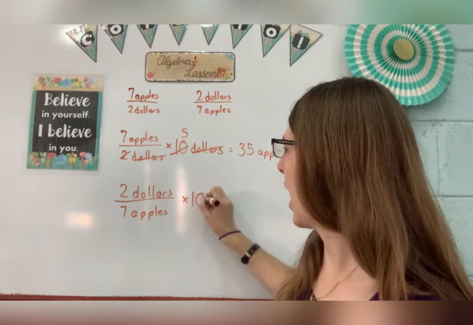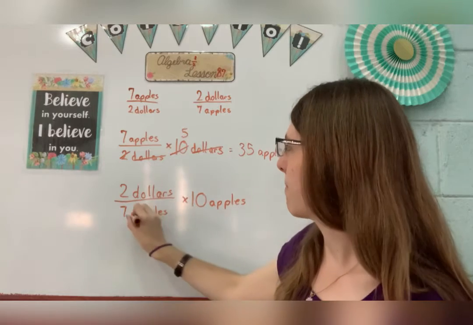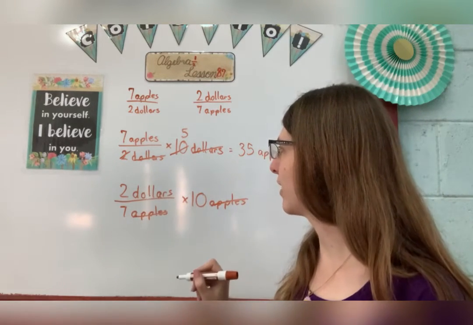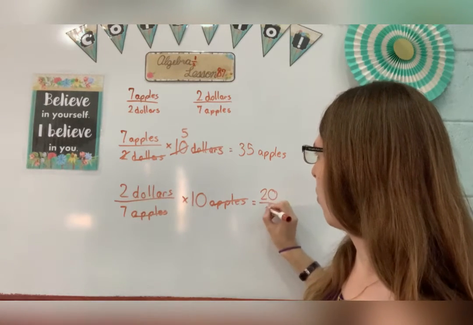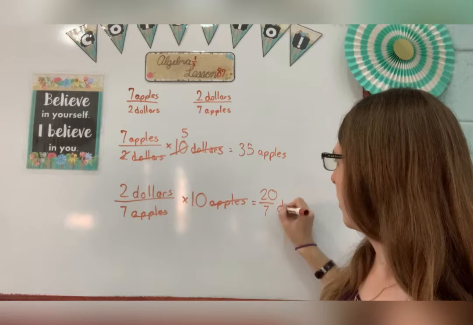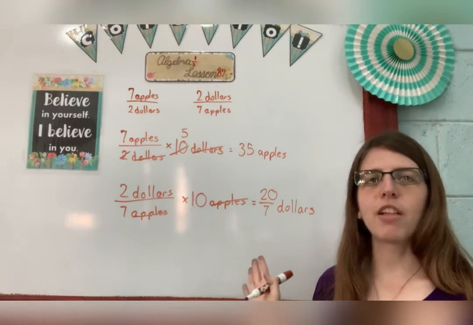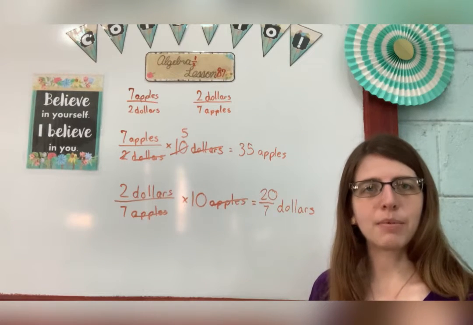I'm buying 10 apples, so I want to know what the cost would be. My apples cancels out. 7 and 10 don't cancel, so I multiply. 2 times 10 is 20 over 7. So it would be 20 over $7. Don't worry about the dollar sign or anything like that right now, okay? So that's how we solve these types of problems.